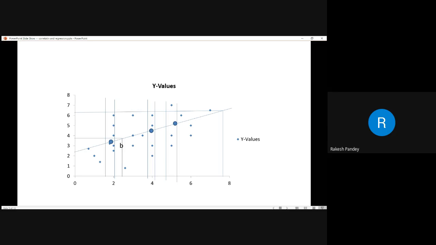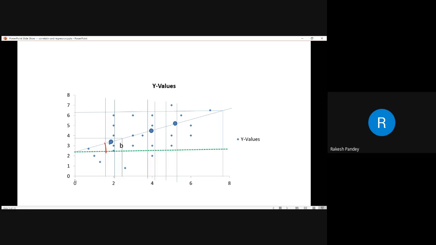And this is the slope, this is b, the slope of the line, the angle that is created by this line. And the value where this regression line begins on the y-axis is called the intercept. Basically, intercept is the predicted y value when x is equal to 0.